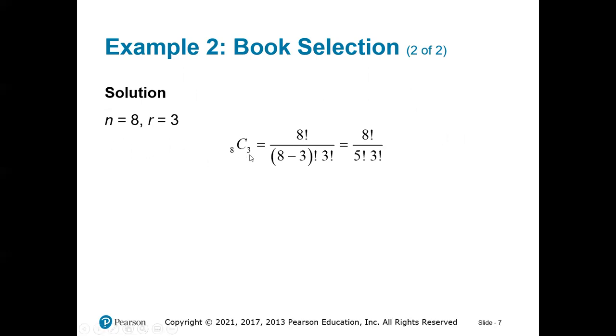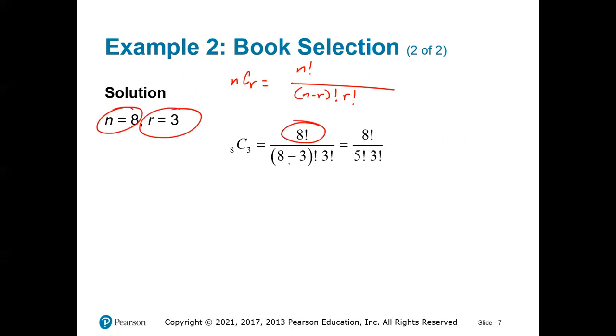Let me remind you of the formula. NCR is N factorial divided by N minus R factorial times R factorial. Here, N is 8, so that's why I put 8 factorial. R is 3. Now 8 minus 3 becomes 5 factorial times 3 factorial. And then after that, you do the calculation. I'm going to post a video on how to compute this without doing it this way, but this way is just fine also, right?